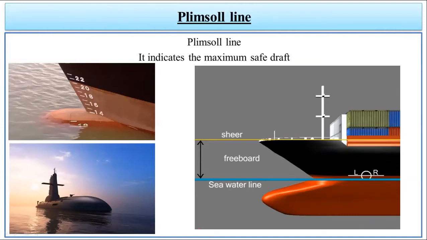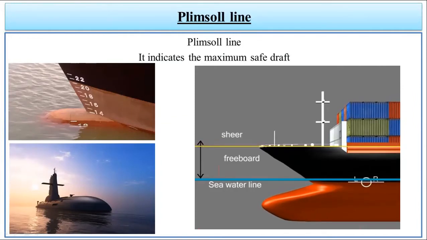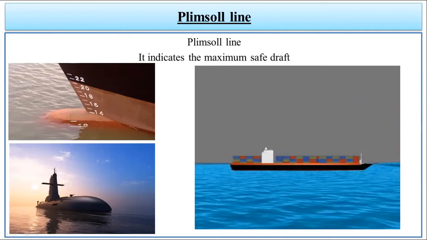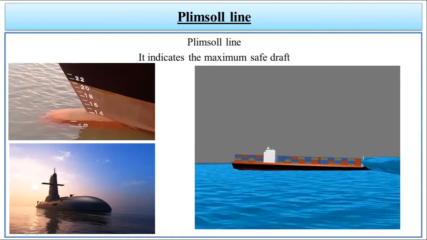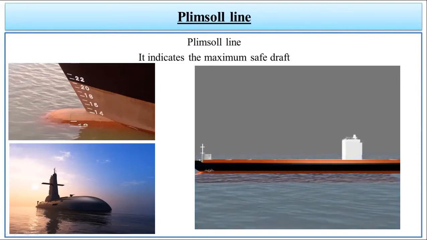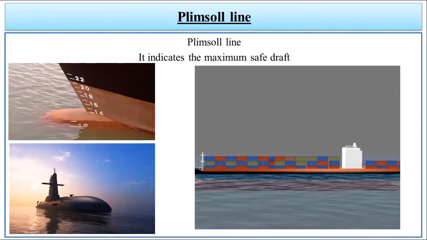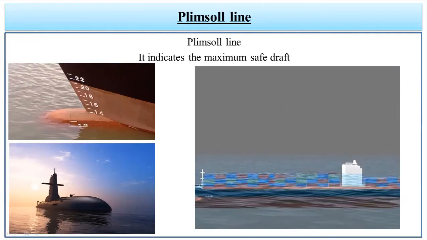So with respect to the volume of water displaced by the load, it will create a balanced situation, and it will not let that ship or boat sink down. Otherwise, if we overload it and put extra load, the body will not receive enough buoyant force, and it will sink down. So this was the use of the Plimsoll line.